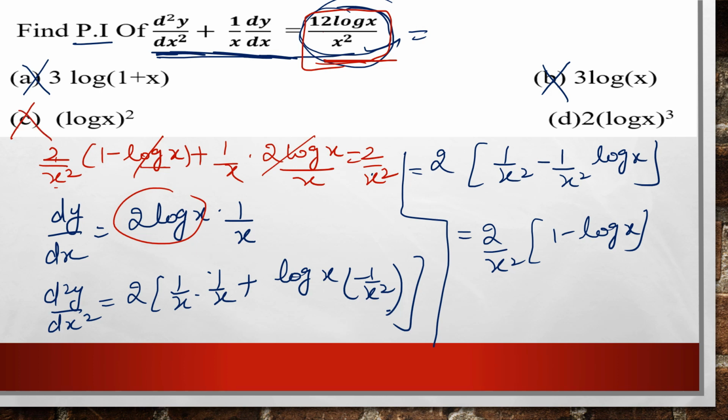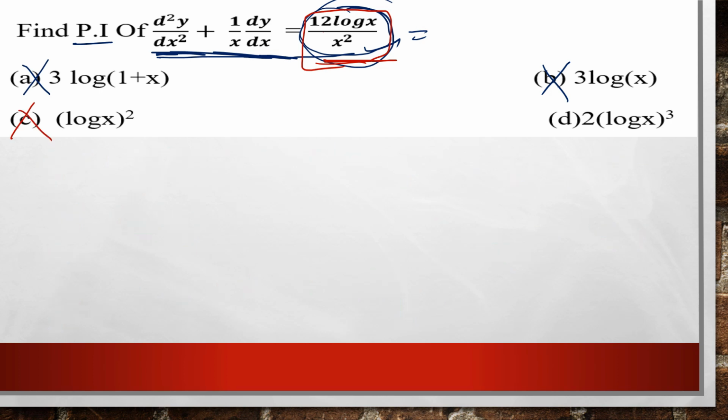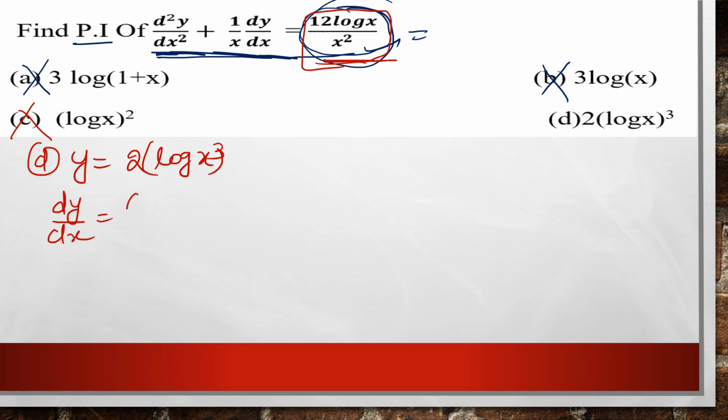So option D is correct, but let me show you how. Here option D is giving you y is equals to 2 log x whole cube. So what is dy over dx? Dy over dx is 2 into 3, 6 log x whole square into 1 by x also. What is d square y over dx square?